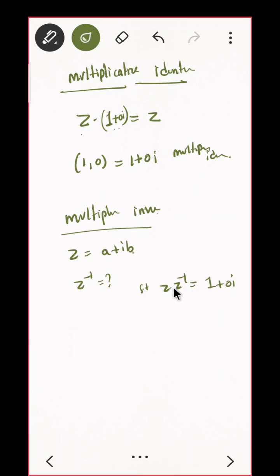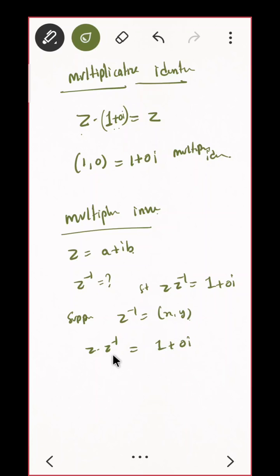And whether this exists for everybody? Let us quickly start. Suppose z inverse is x comma y, correct? So what will be your z into z inverse? That is given by 1 plus 0 i.